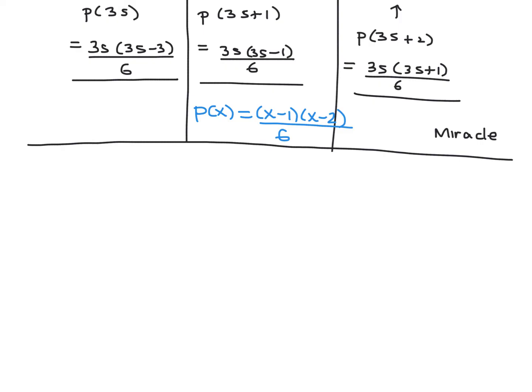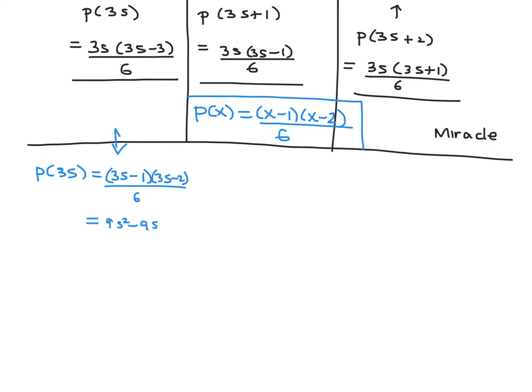Okay, well, let's see what happens. We're going to have to substitute to see if it satisfies. So first, let's start with this scenario, P at 3s. And of course, this is our polynomial. So that's going to be 3s minus 1 times 3s minus 2 all over 6. And if you expand it all out, it becomes 9s squared minus 9s plus 2 over 6.